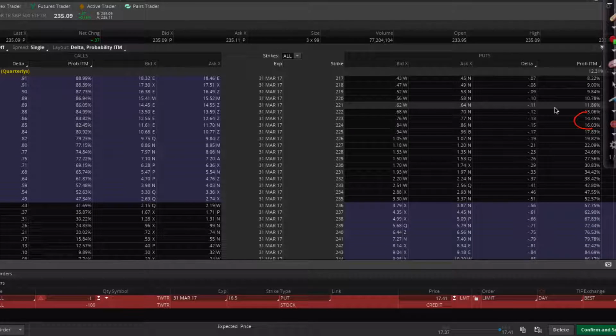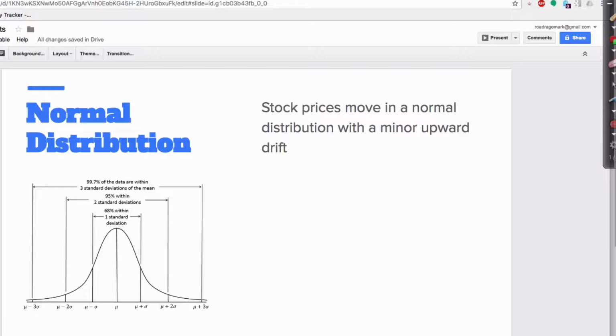You don't necessarily need to use these probabilities. They're close enough. Delta, in addition to being the percentage of the stock that you're representing, is also the probability of the stock getting to that price. So on a 13 delta option, there's roughly a 13% chance, a little higher. It's actually 14.45, but it's close enough, okay? So you can just use the delta as a probability, which is really cool. So that's how this all works.